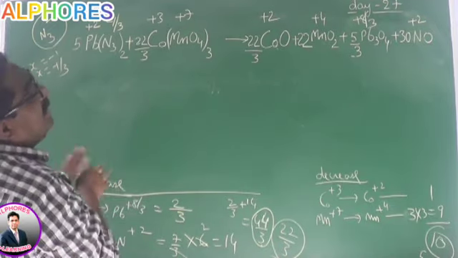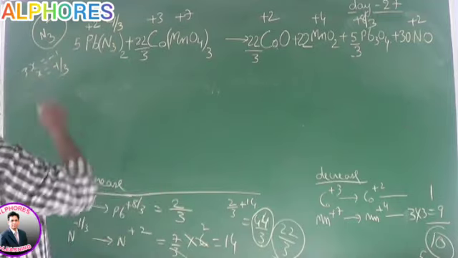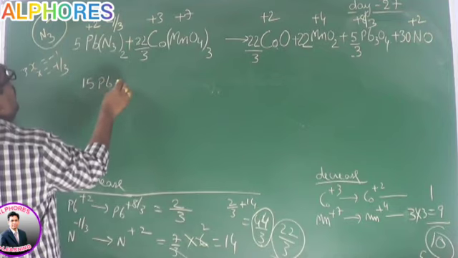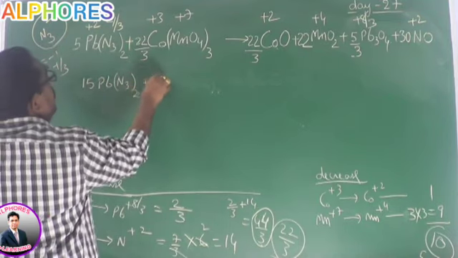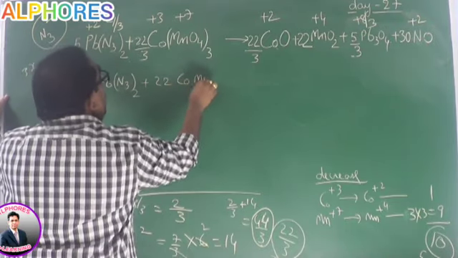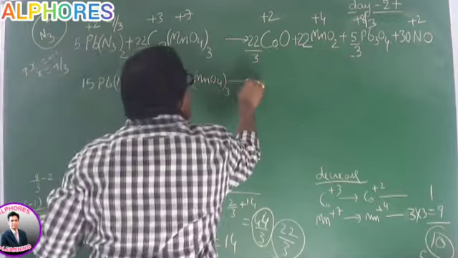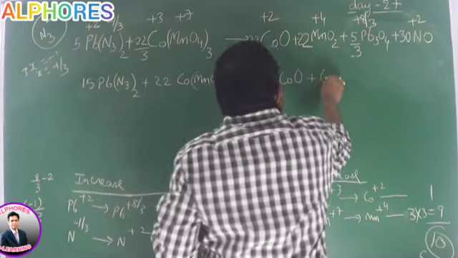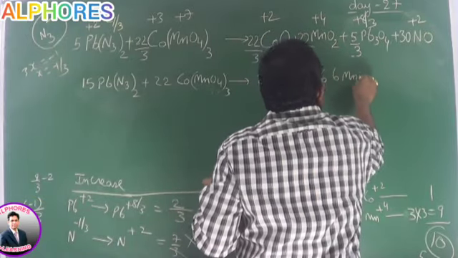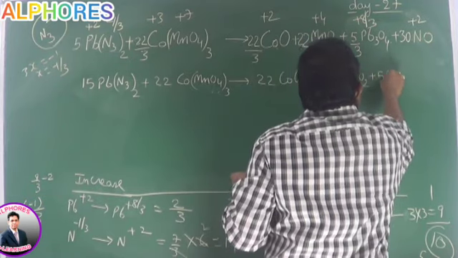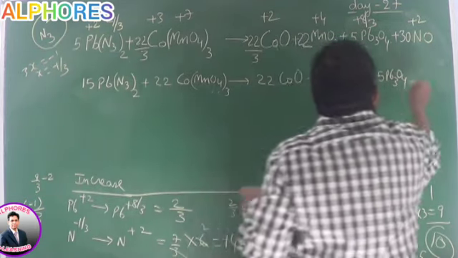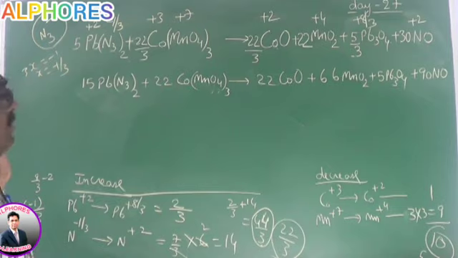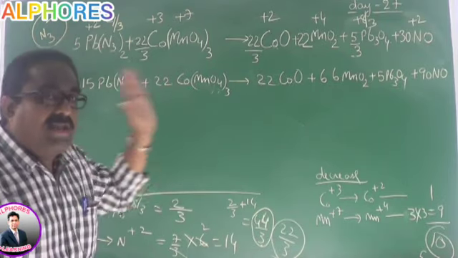Now let me adjust all these things by multiplying with 3. Then I will go for the calculation for oxygen and hydrogen. 15 Pb(N3)2, 22 Co MnO4 thrice gives rise to 22 CoO plus 66 MnO2 plus 5 Pb3O4 plus 90 NO. Now except oxygen and hydrogen, all the elements are balanced.